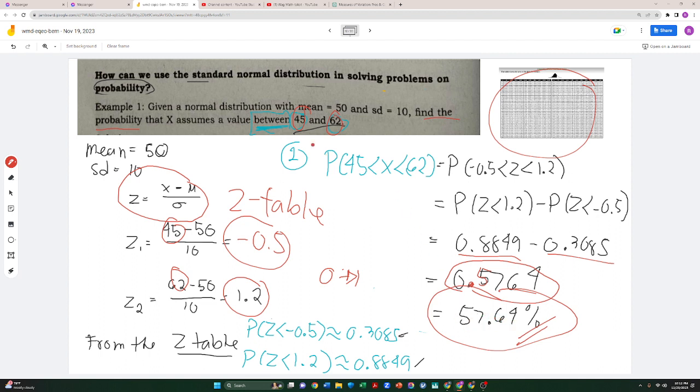Okay? The scores between 45 to 62. So 57.64% out of 100 of the data are from scores between 45 to 62. Okay?